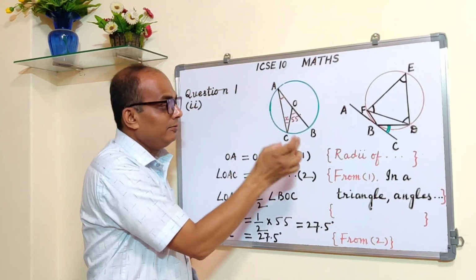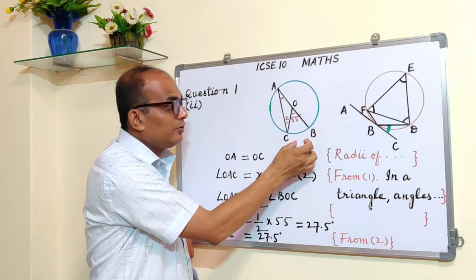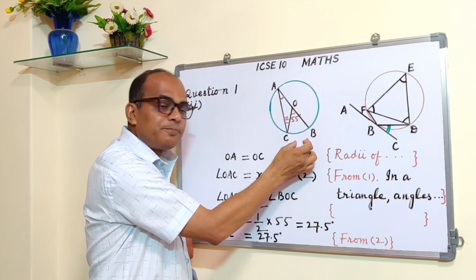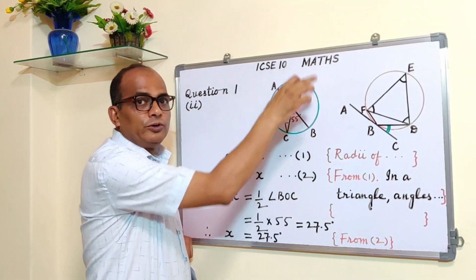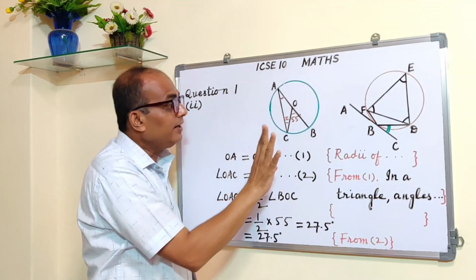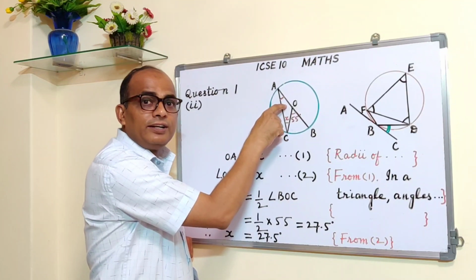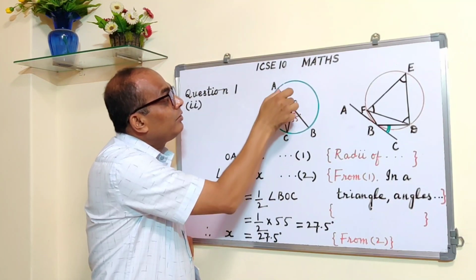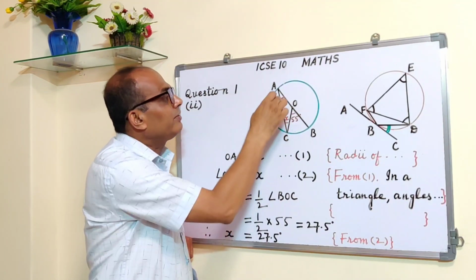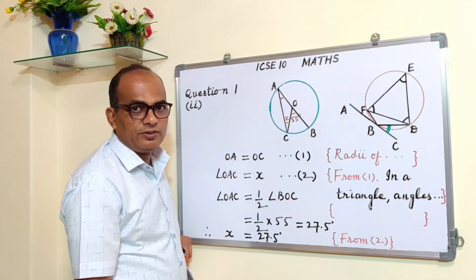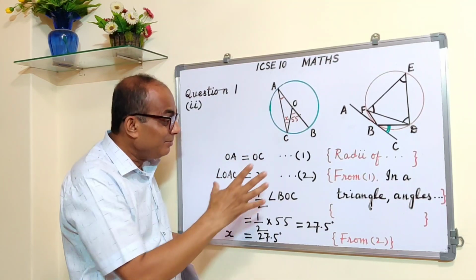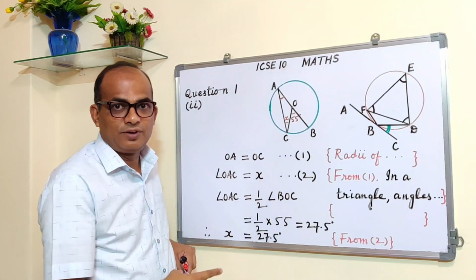Using that theorem, the angle made by an arc at the center of the circle is twice the angle made by the same arc at any point on the remaining part of the circle. So this is 27.5 degree, and because OA and OC are the radii of the same circle, x is equal to 27.5 degree. Directly you can write down, but please know the reason behind it.